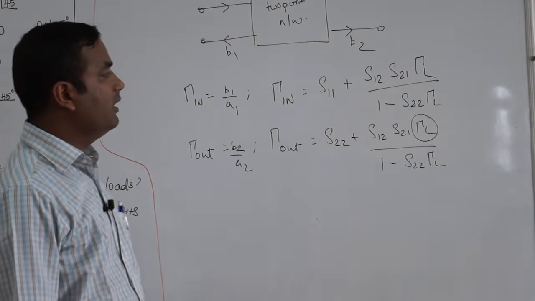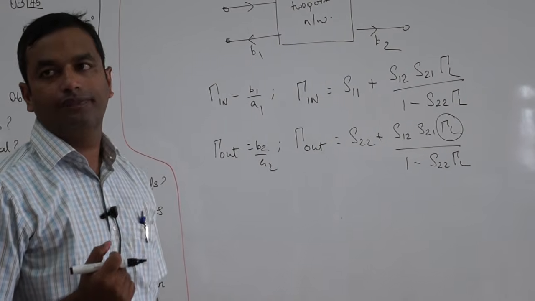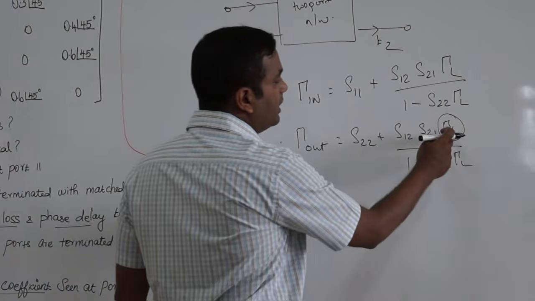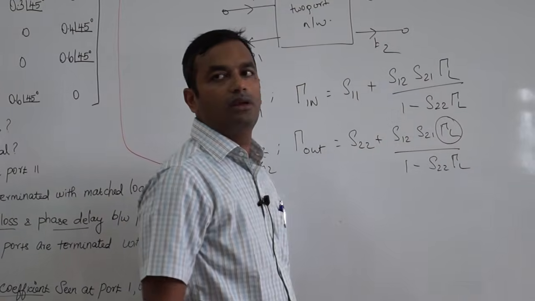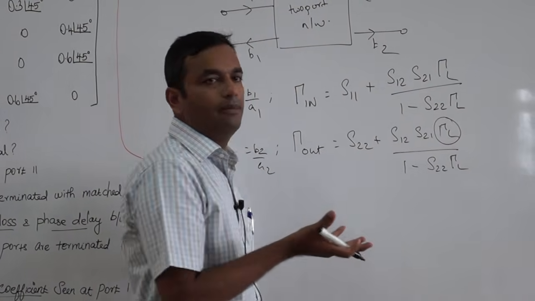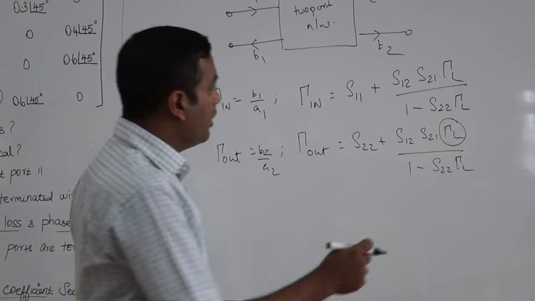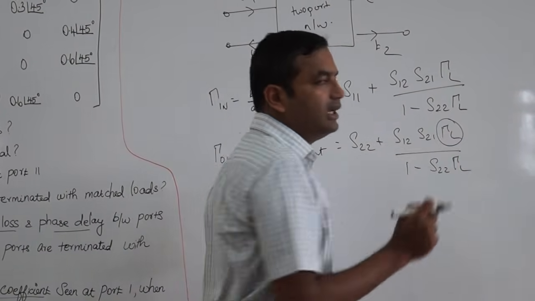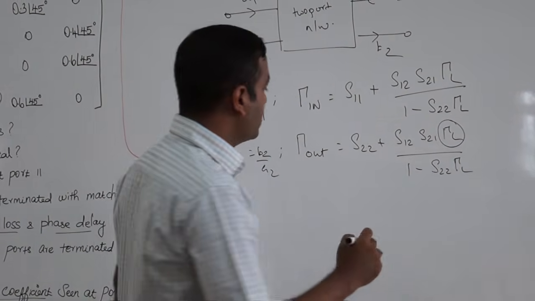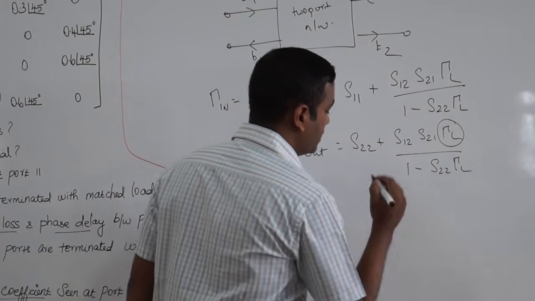This gamma L value is nothing but the reflection, right? So what will be the maximum value of this gamma L? We know that we are all using matching networks, and all these matching networks are nothing but passive networks. So the maximum value gamma L can take is 1. When will gamma L be maximum?